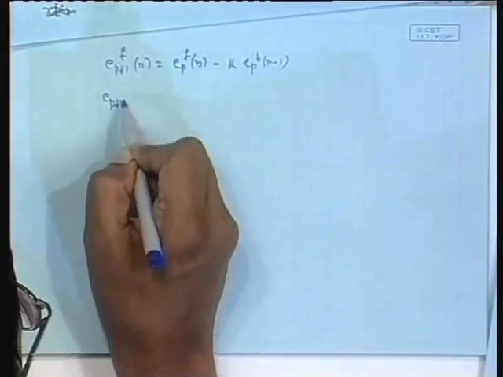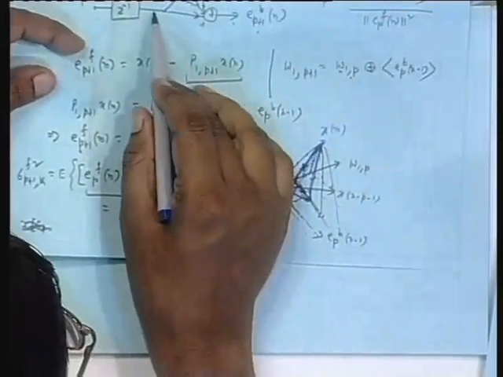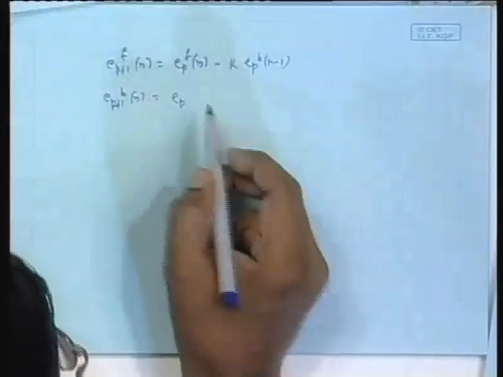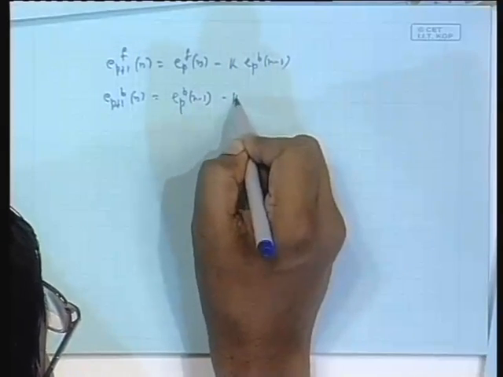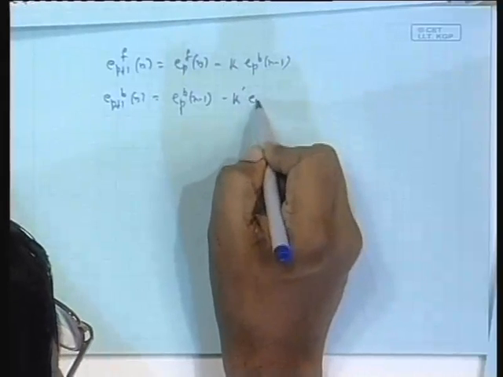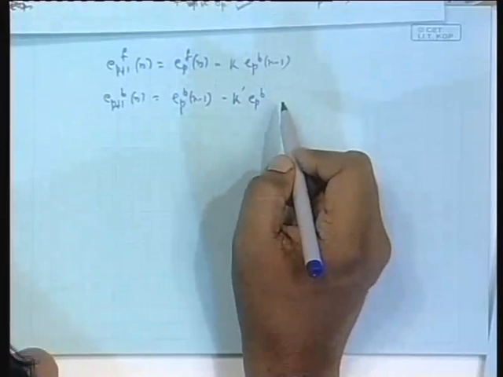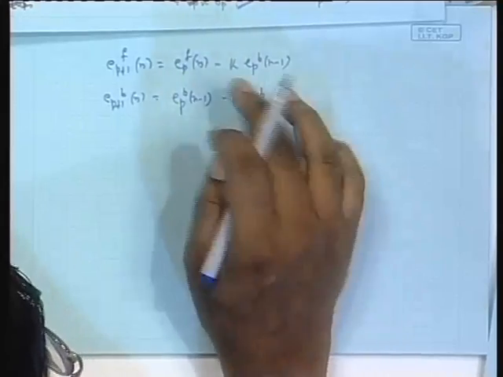Similarly, if I do it for the lower half, that is this term minus a general k times this, say some k prime, or say the two k's are defined.